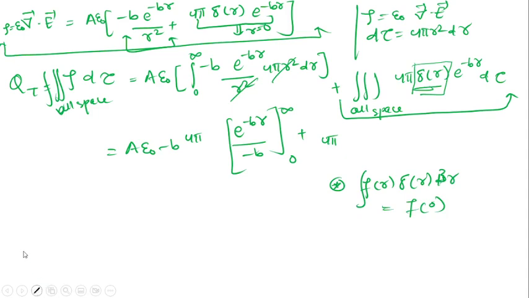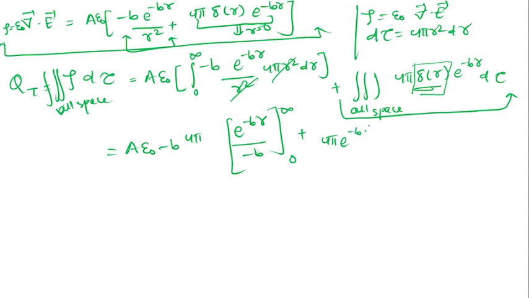So from this integration we get 4 pi e to the power minus b times 0, and there is an A into epsilon naught term.